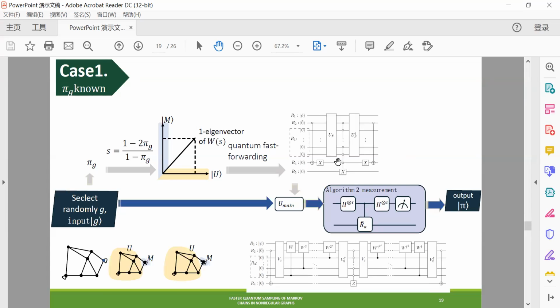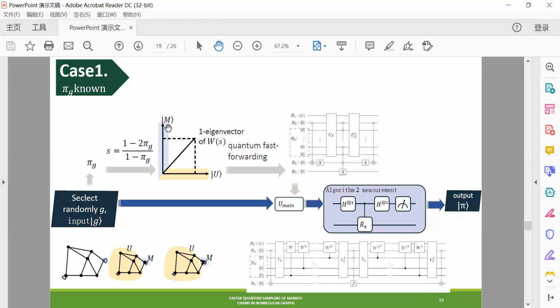Now let's see the process of the proof. First, we randomly select g and input the quantum state g. Then we construct the interpolated walk and select the interpolation value s, and we construct the walk operator W_s. This is one eigenvector of W_s.